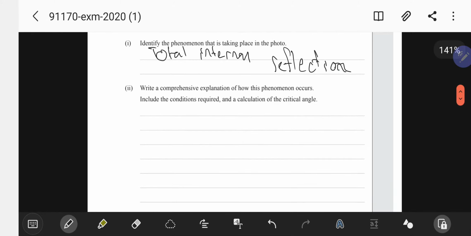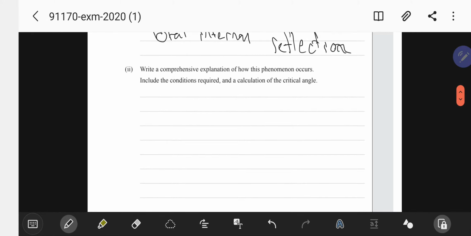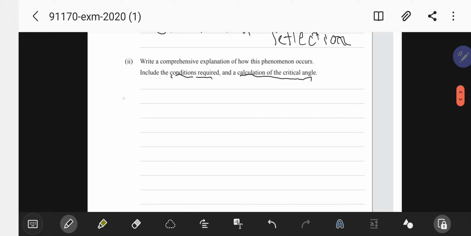Write a comprehensive explanation of how this phenomenon occurs. Include the conditions required and the calculation of the critical angle. So I'll just tell you the main points. The conditions required: the angle of incidence has to be greater than the critical angle.